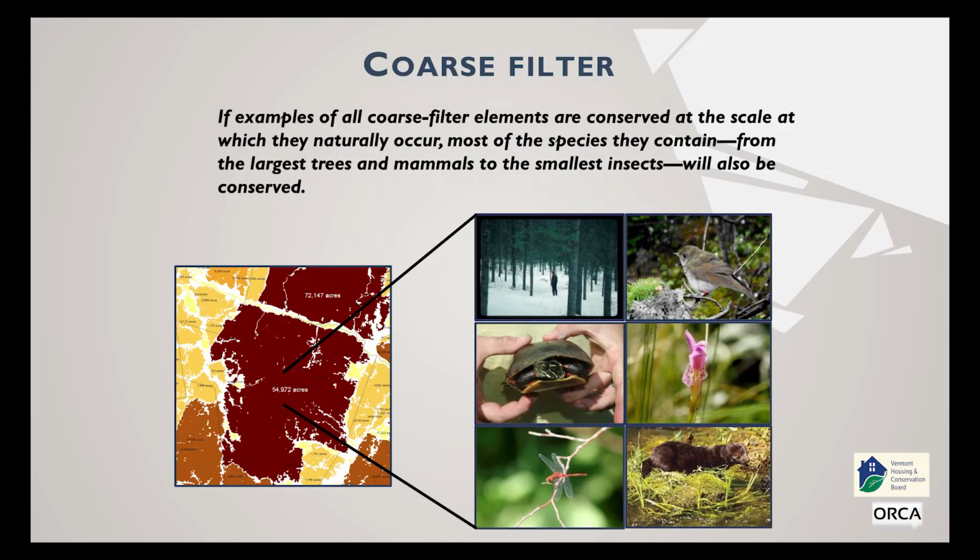This whole idea of being efficient in conservation is something that's been well recognized in the scientific literature. It's called the coarse filter approach to conservation. The idea that we can't conserve 20 to 40,000 species one by one, we'd go insane. So we need to have an efficient way to go about it, and finding these bigger features is the way to do that.